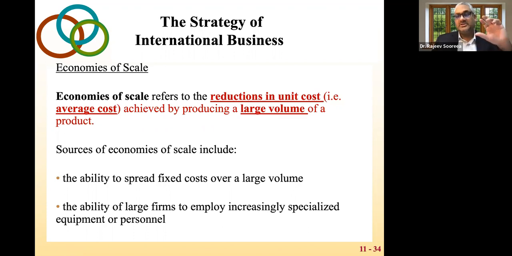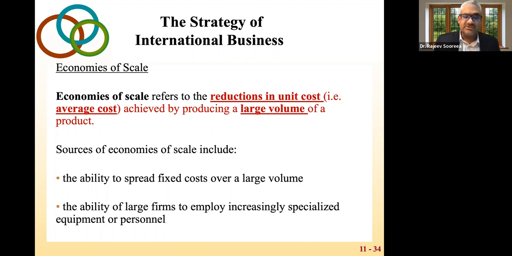So before it was $100 for 10 units, now it is $100 for 20 units. So your cost has gone down from 10 to 5, right? This is how you spread your cost when you increase your volume of production.